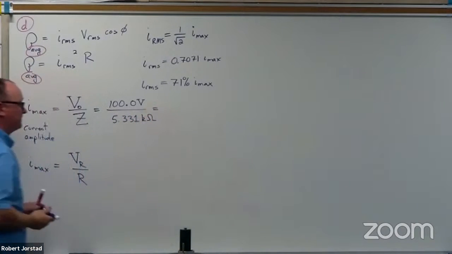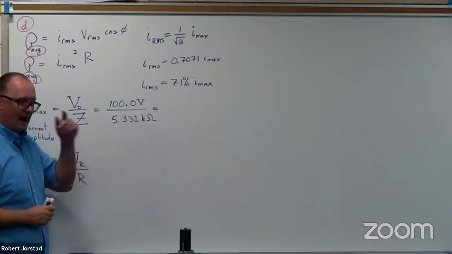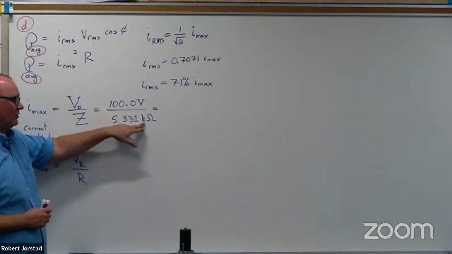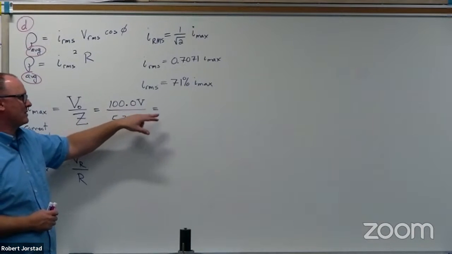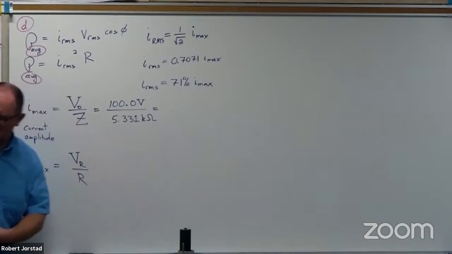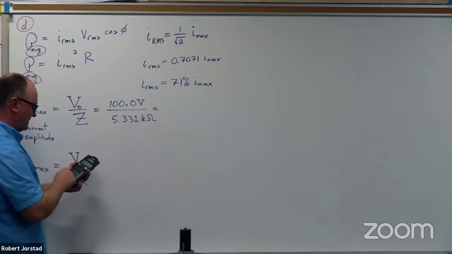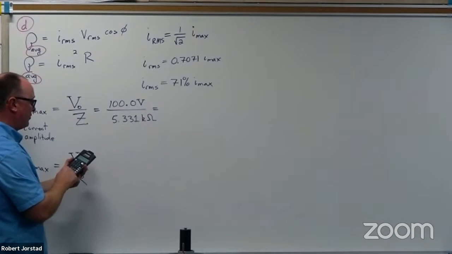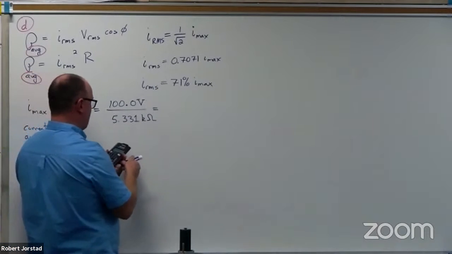And then in order to make this easier on myself, rather than plug in the kilo, I remember if I divide by kilo ohms, that's like dividing by 1,000. Well, that's the same thing as giving me milliamps. I remember kilo gives you milli. Kilo gives you milli. So if you divide by kilo ohms, you're going to get milliamps. So 100 divided by 5.331 is 18.7 milliamps.